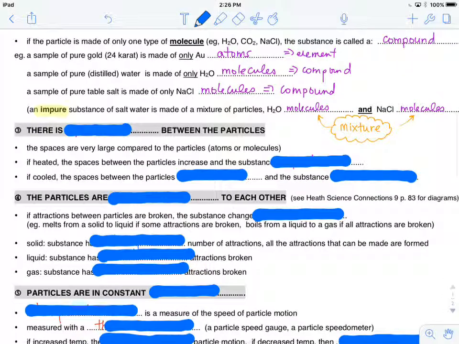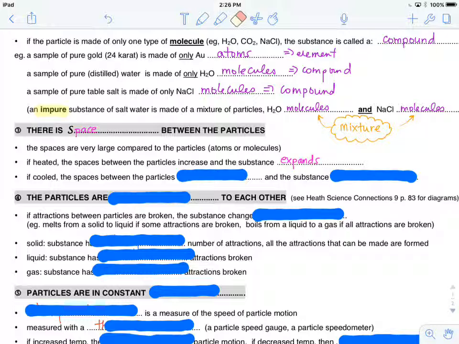All right, the third point, the S, we've done the P, the I. The S is that there's space between the particles. And the spaces are very, very large in comparison to the particles themselves. So the atoms or molecules are very small in comparison to the space in between. If we heat up a sample, then the space between the particles increases, and we say that the substance expands.